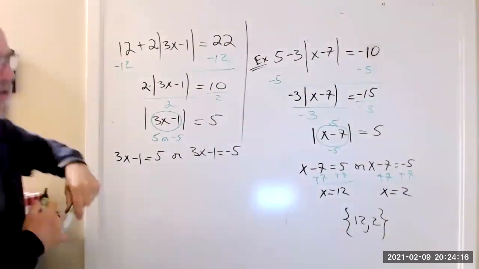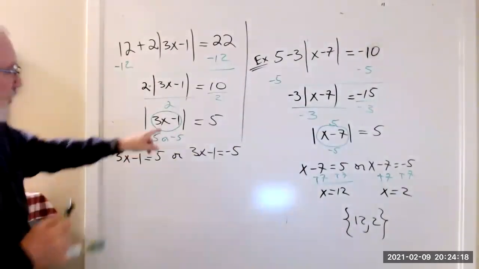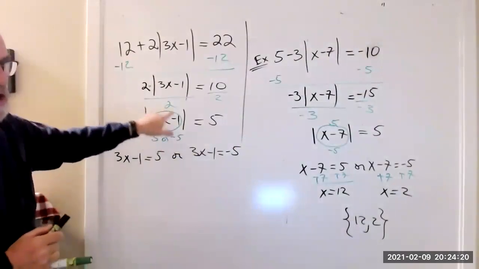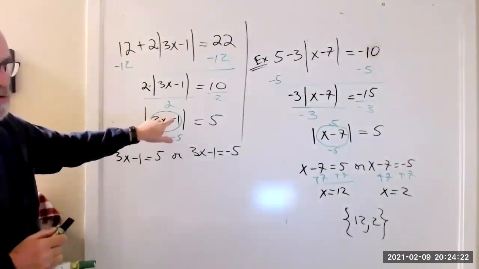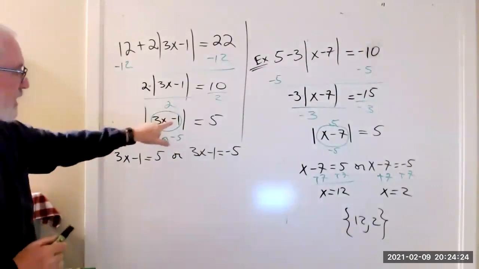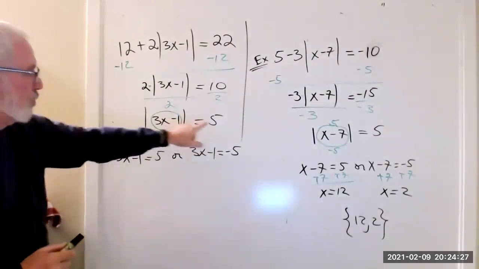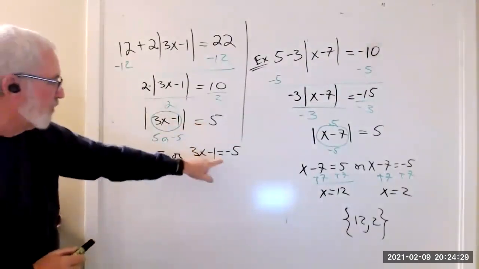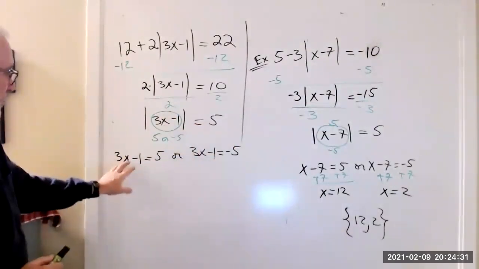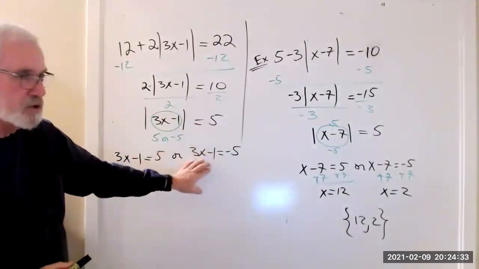Once again, notice, really important, the inside doesn't change. It stayed 3x minus 1. What changed was it could have been worth 5 or negative 5.